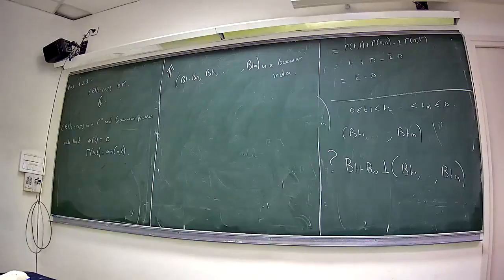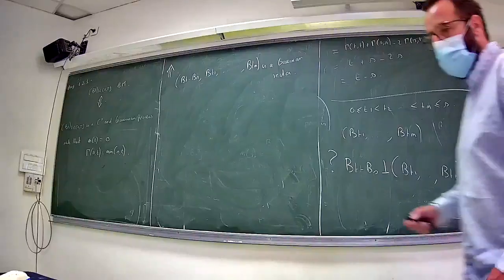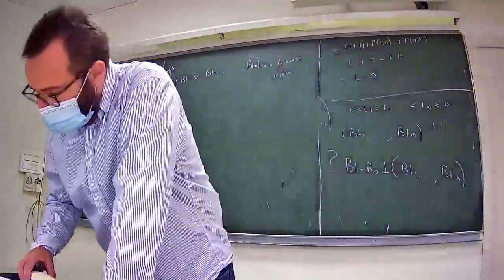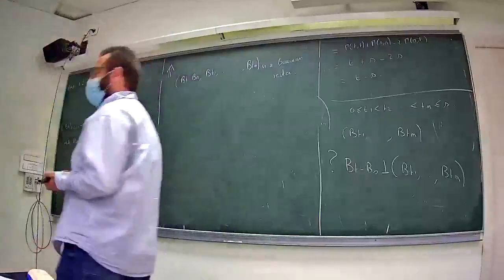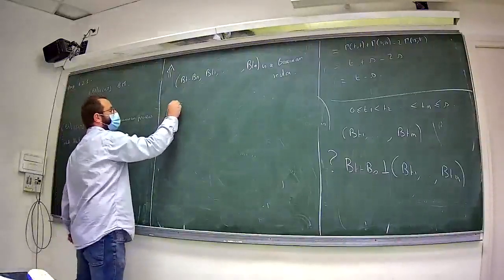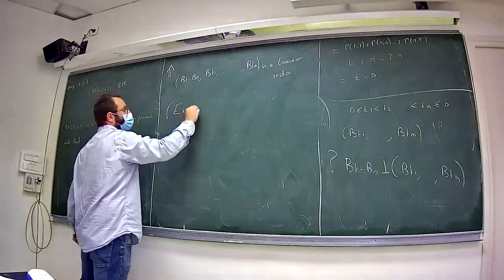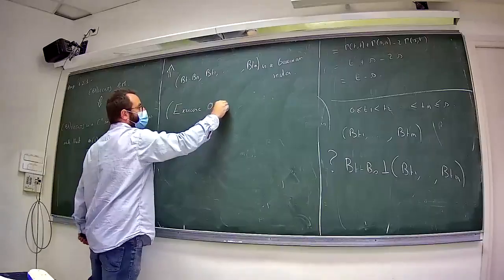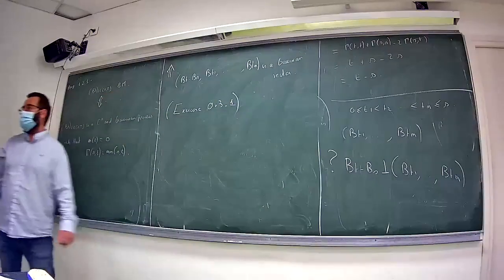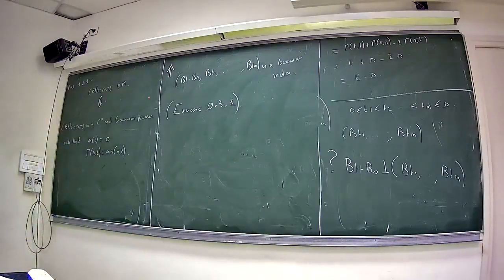And we have seen a result together in chapter 0, so maybe I can give you the name of this little exercise. It was exercise 0.3.1. We have done it together. It tells me that if you have a Gaussian vector like this, in order to prove that the first component is independent of the remaining ones, it is sufficient to prove that the covariance between this one and this one is 0, this one and this one 0, this one and this one 0.